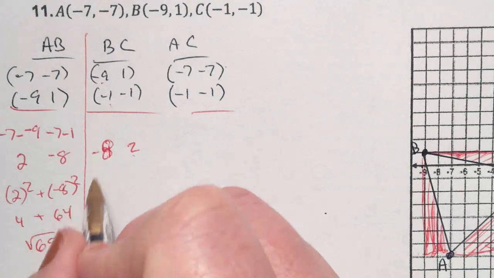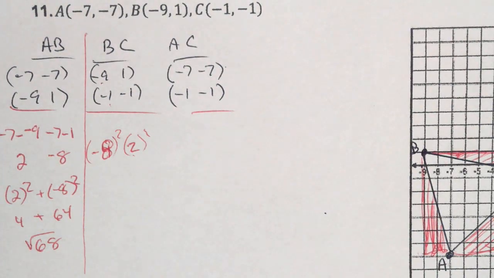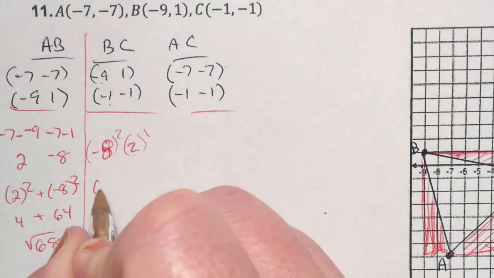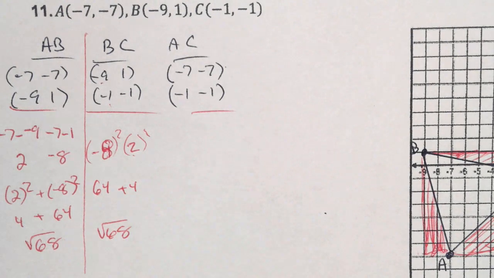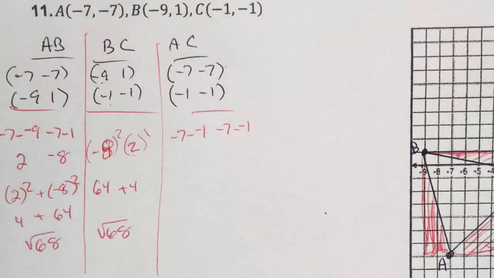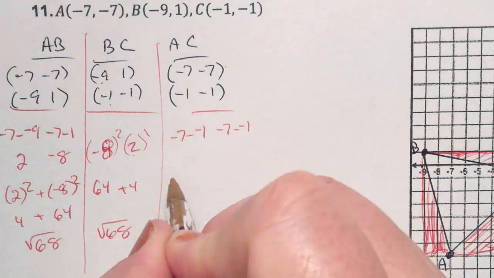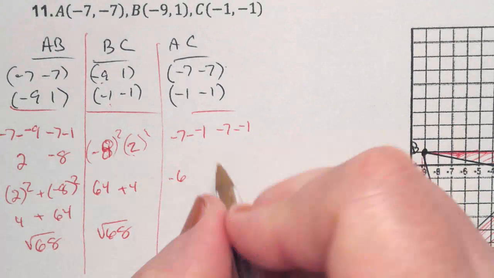I agree. So I would square those. 8 squared is 64. 2 squared is 4, and we got the square root of 68. All right, so far so good. And you can just leave it just like that. Okay, and then same thing over here. -7 minus -1, we would get a -6. -7 minus -1, we get -6 again.